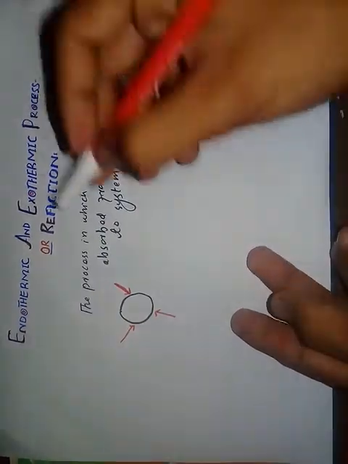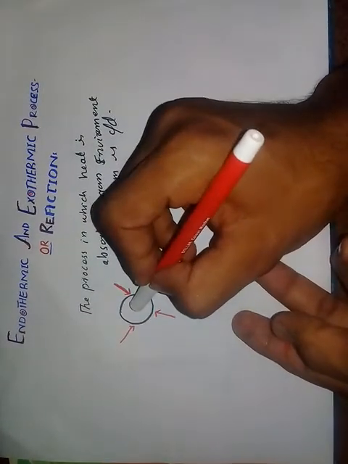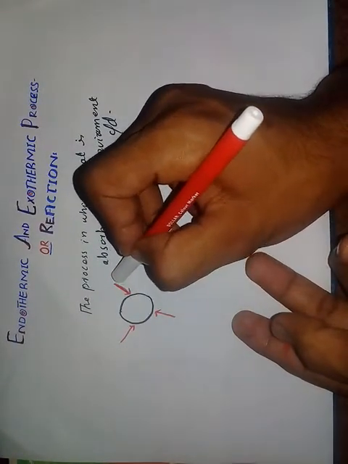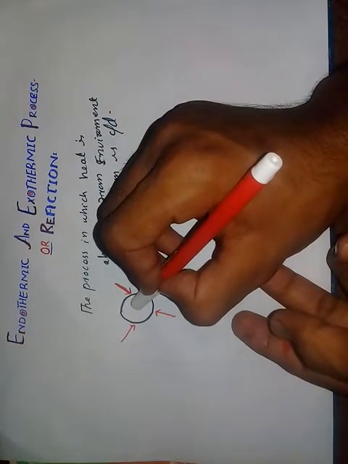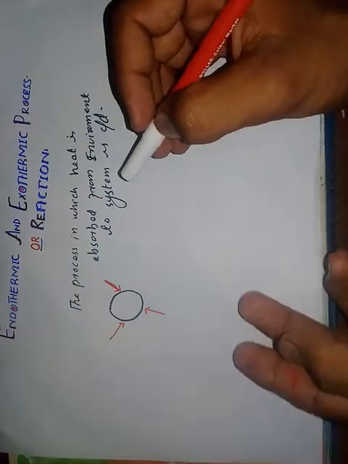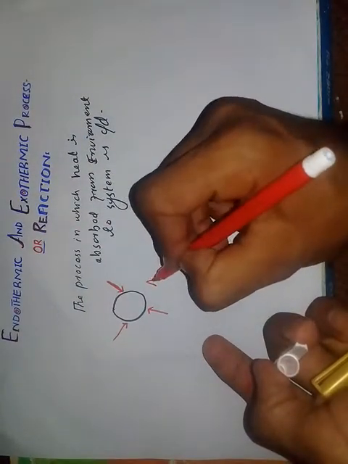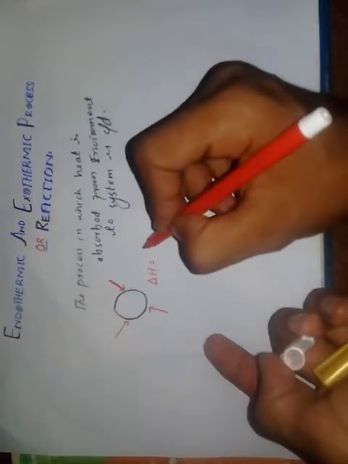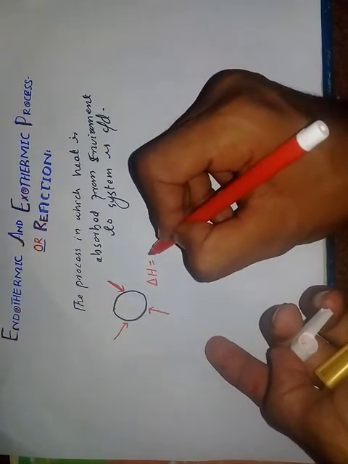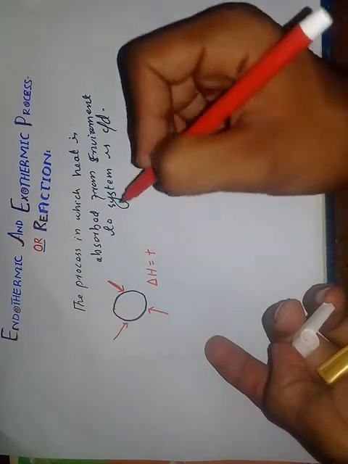Let's suppose this is the environment and this is my system. Heat moves toward the system in an endothermic process. Then delta H is taken as positive because we give the heat.